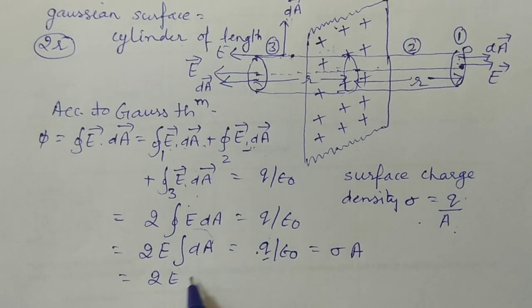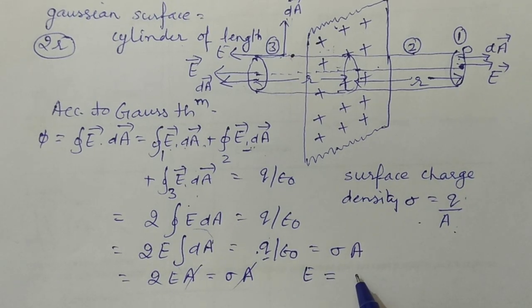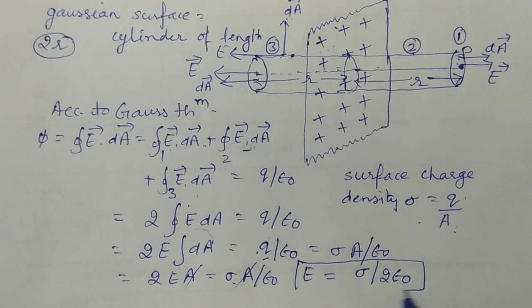Total area of the sheet will be A. Sigma into A, area will be cancelled. So we get E is equal to, here epsilon naught will also be there. So we get sigma upon 2 epsilon naught. This is the electric field of an infinite charged sheet, sigma upon 2 epsilon naught.